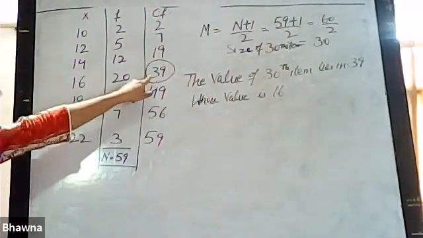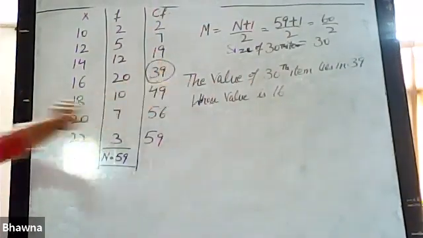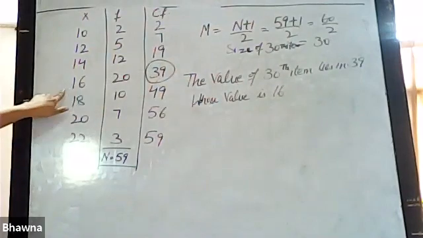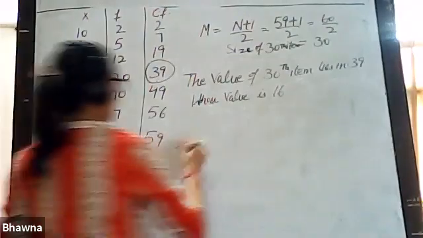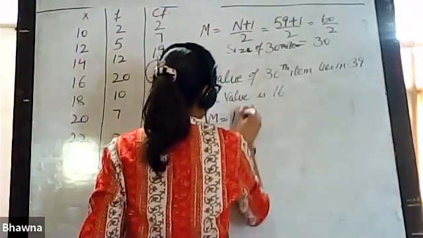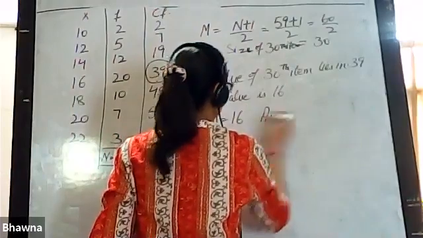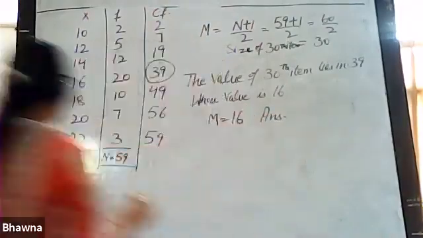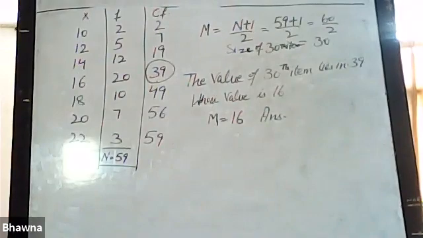Now we see the value against 39, and that value is 16. So 16 is our answer. M is equal to 16, and this is our answer. This is all about the discrete series. After the discrete series, now we have to calculate the sum with a continuous series.